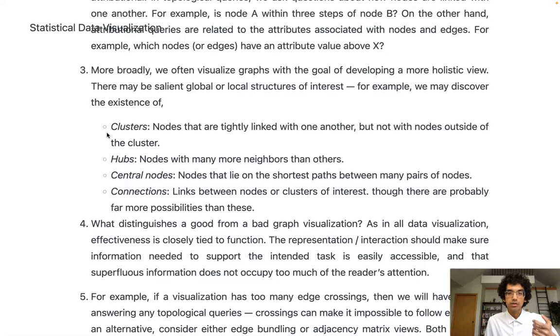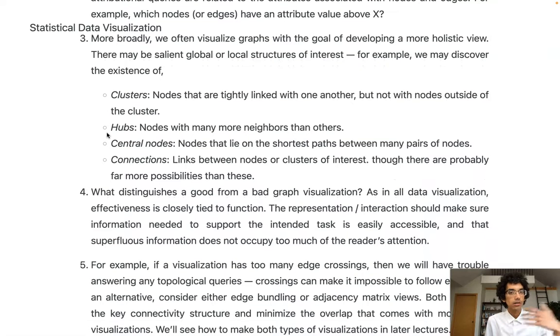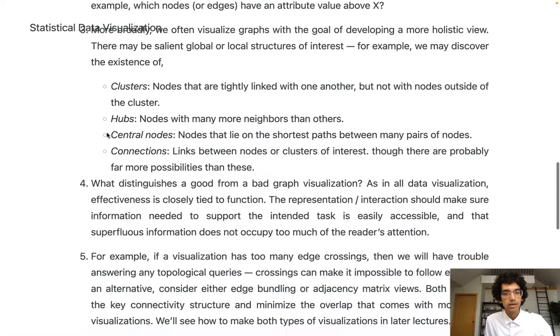Are there central nodes? So maybe like you have two clusters and then a small bottleneck where if you want to link between the two clusters, you have to pass through these central nodes. So, these are all kind of more holistic properties of the network, and those are also often interesting. Okay, so those are the kinds of queries that are the most common.